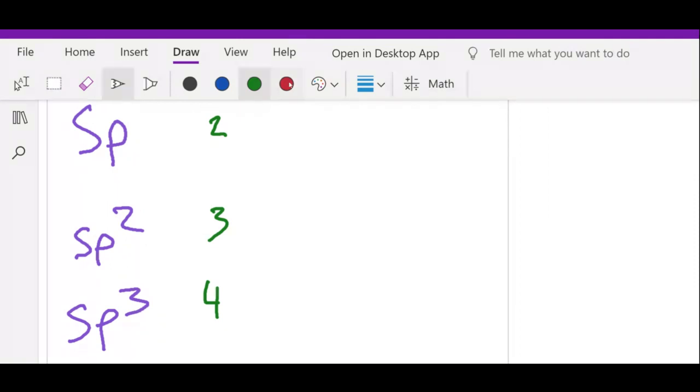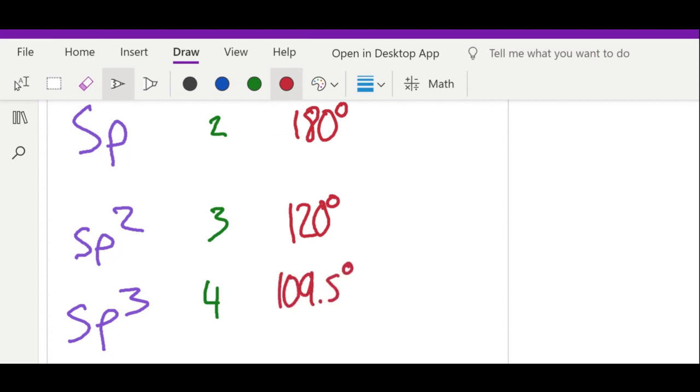Okay, now bond angle, hopefully again this should be a review. sp has a 180-degree bond angle. sp2 has a 120 bond angle, and sp3 has a 109.5 bond angle. Okay?